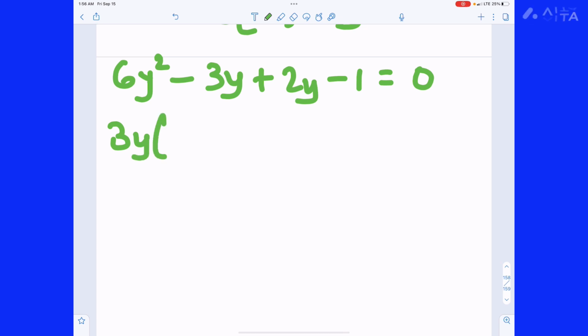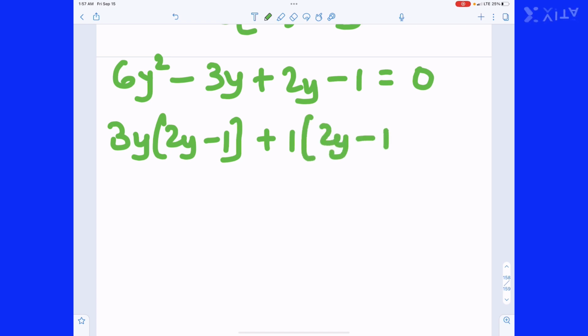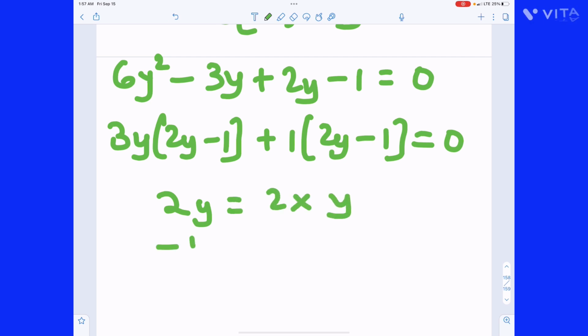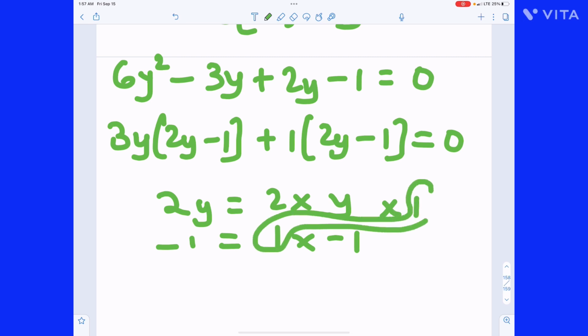Factorization will give you 3y(2y minus 1) plus 1(2y minus 1). If you do it neatly, for that second part, let me help you. 2y is 2 times y. Minus 1 is 1 times minus 1. So I can add 1 here too, so that at the end of the day my common factor is plus 1.